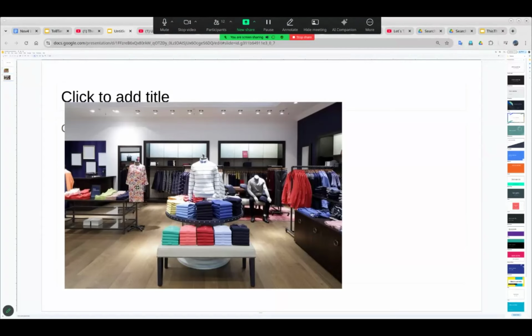Okay, let's say you're in a different space. You're in a store. Ropa. If we're talking about camisas, shirts, I see these shirts. Ooh, look at these shirts.